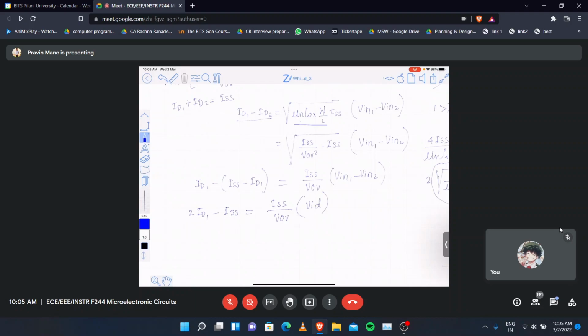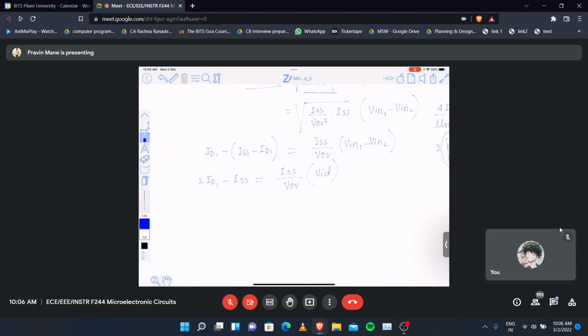Now, what is ID1 then? ID1 is equal to ISS by 2 plus ISS by VOV into VID by 2.